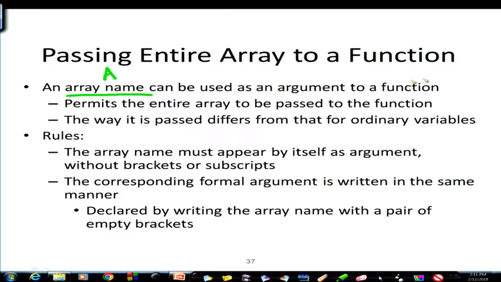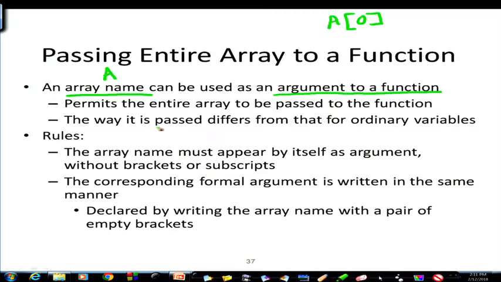That is, an array name like A can be used as an argument to a function, because A essentially means A0. And if I can pass A0, the address of A0 is known, then all the elements are known because they are contiguous.